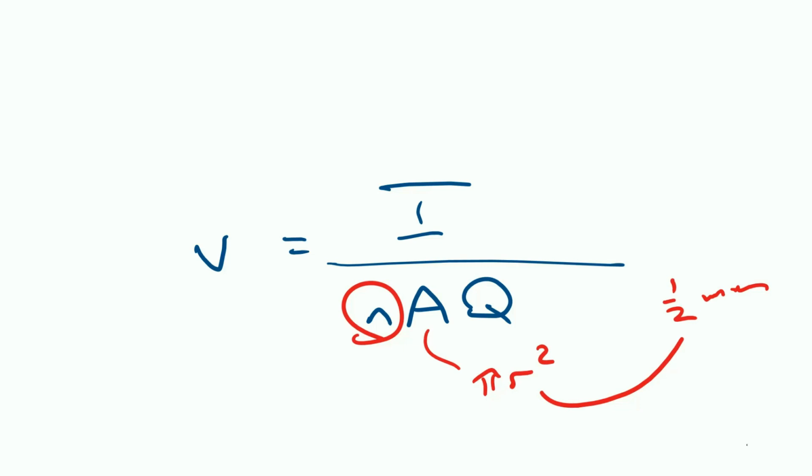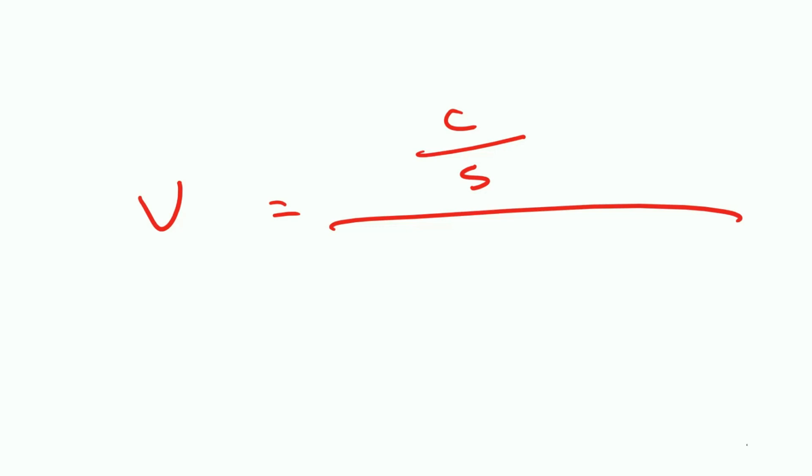Now, we want to work in meters. Now we should probably, at some stage, let's do it now, point out the units. So we have v, we had on the top line current, but remember current is amps, but we can think of an amp as a coulomb per second. What did we have on the bottom line? Well, we have the number of electrons per meter cubed, so that's per meter cubed. We had area, which is in meters squared, and we have the charge, which is in coulombs.